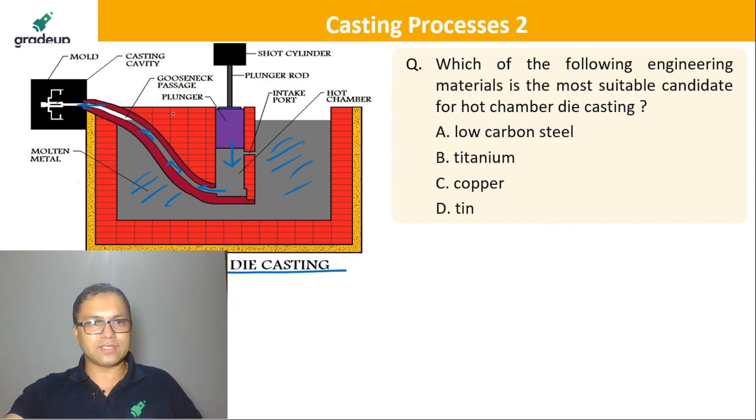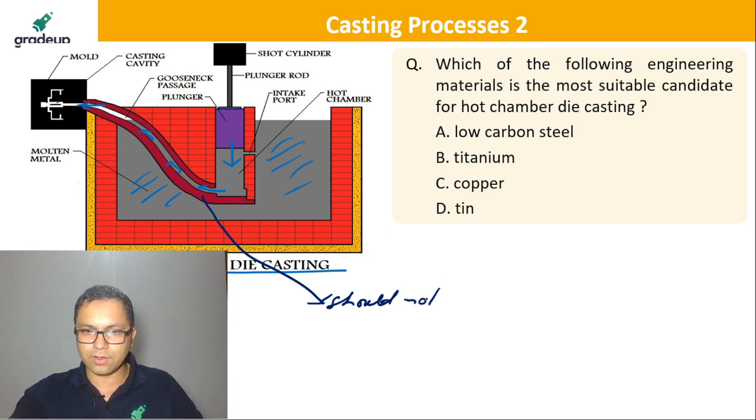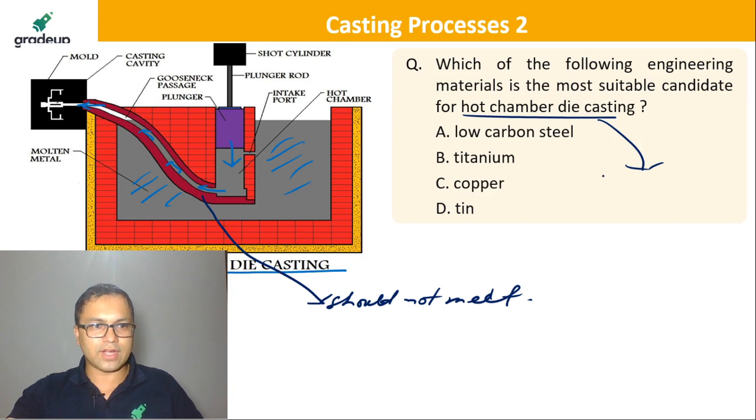Now what happens is that this gooseneck should not melt, okay? This one is nothing but this gooseneck passage, right? So this component over here should not melt, okay? Otherwise it's going to fail, isn't it? It should not melt. So hot chamber die casting will only be used for what?